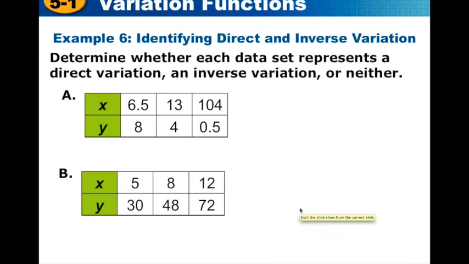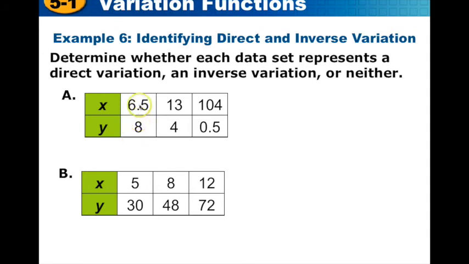Okay, let's see if we can decide whether or not these particular functions are direct or inverse. So we're looking for a pattern here. It looks like the numbers for x are increasing. We have 6.5, 13, 104, they're going up, whereas the numbers for y are decreasing, 8, 4, 0.5. So it looks like it might be inverse. Because of that, what I'm going to try to do is multiply each of these numbers together.